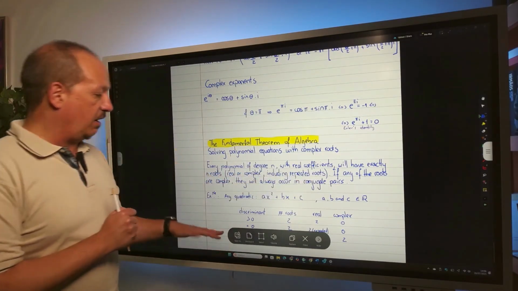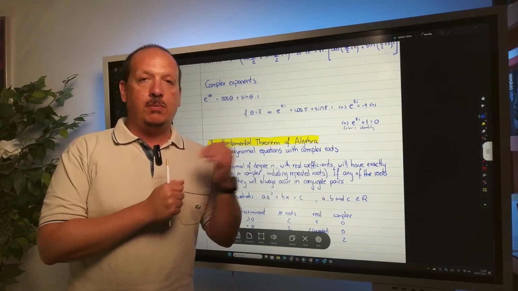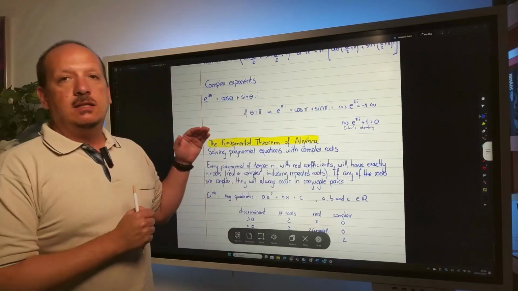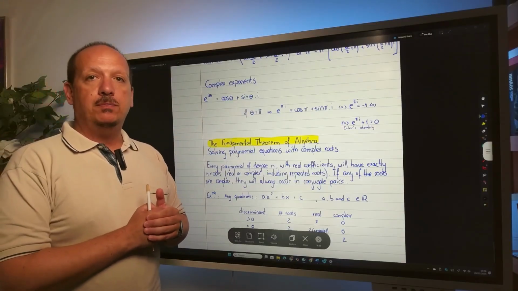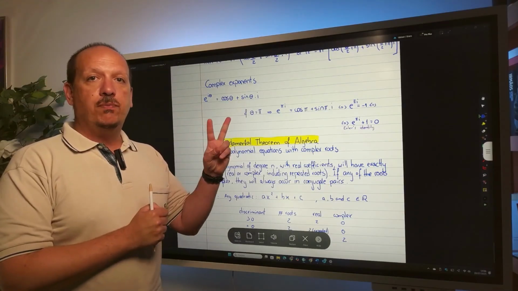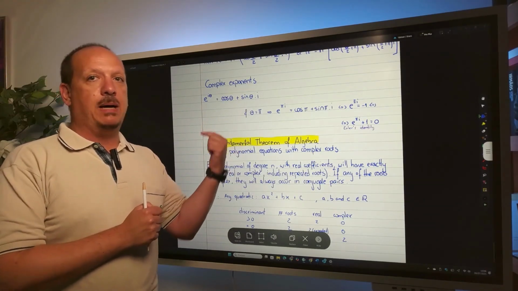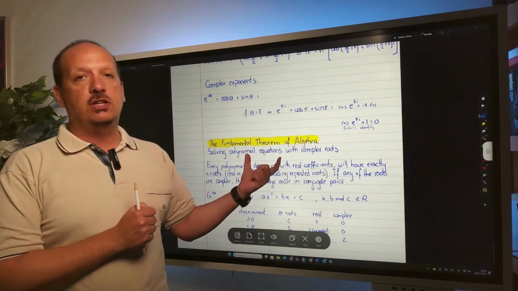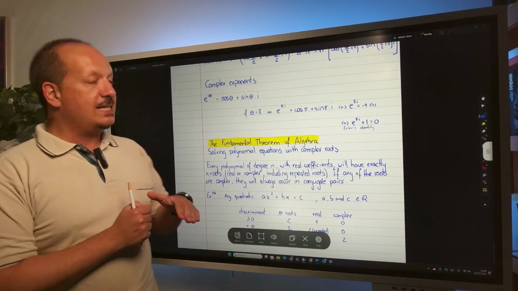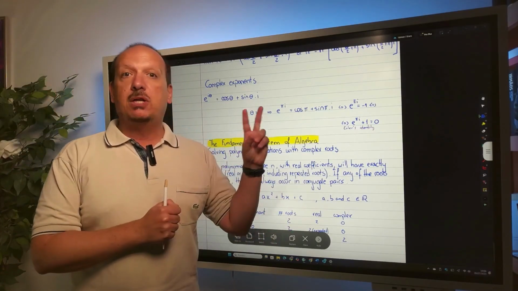I just turned it off, but I hope that you can still remember what I wrote. The roots that we had for that problem, the complex roots, were 2. And they were the complex conjugate. Remember, it was minus 2i and 2i. They are complex conjugates. This theorem says that every time there is a complex root, they will come in pairs.